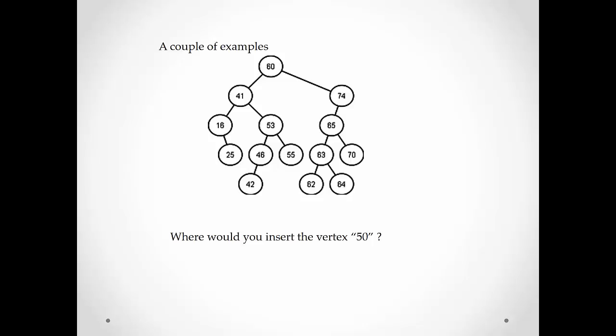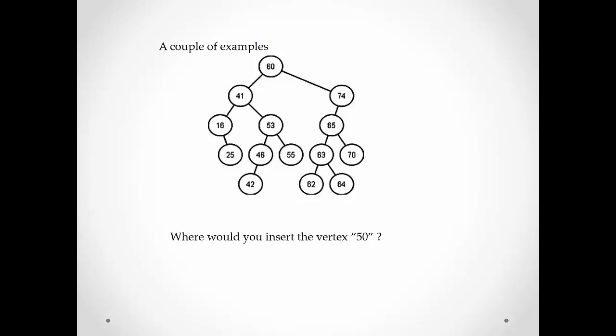But if we look at, I'll go back up to 60 and look at the right child, 74. We noted earlier that 74 did not have a right child. So there's an entire subtree missing if we were to think of this as a complete tree.